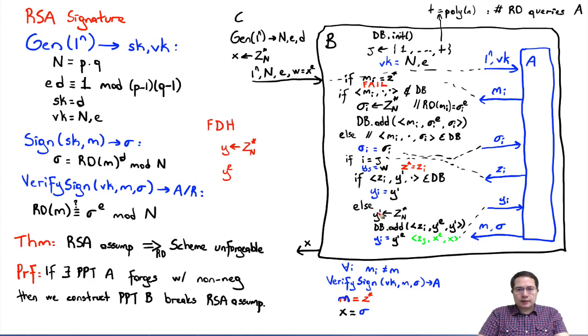So as long as Y prime is a random element, Y prime to the E will again be a random element, because RSA is a permutation, and this part is indistinguishable as well.